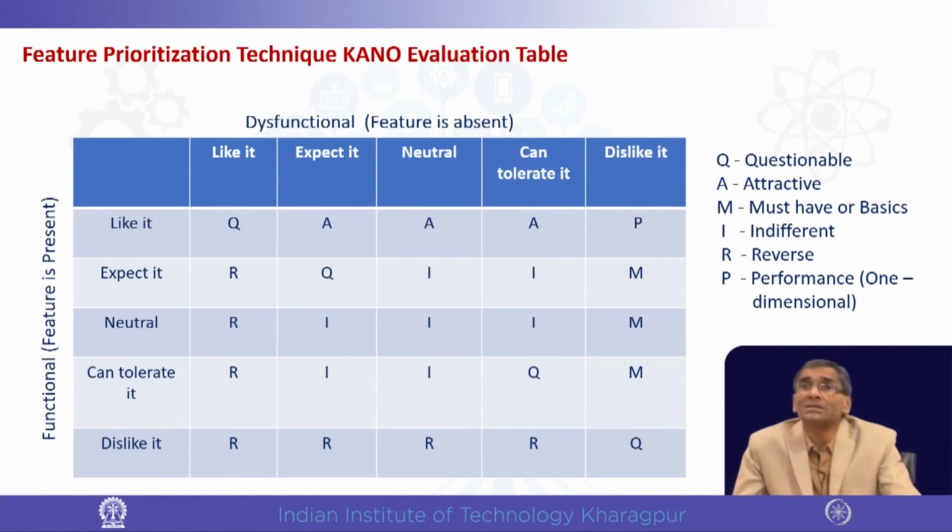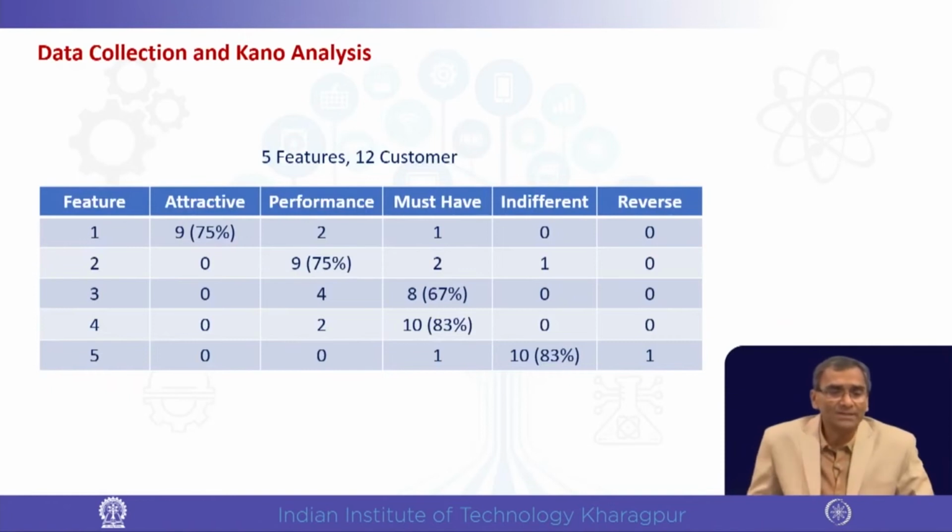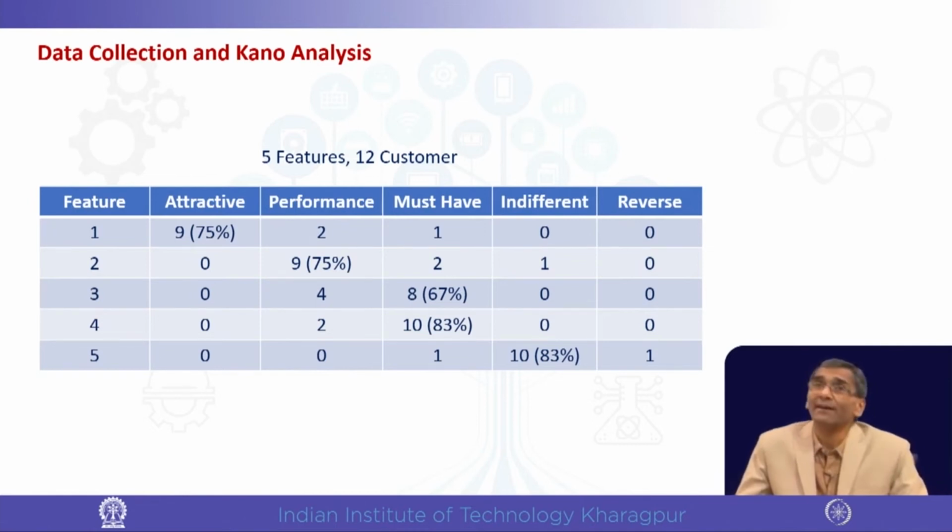So, based on these 12, if there are 5 features as we are discussing, this table appears: feature 1 through feature 5. For feature 1, 9 people have said it is attractive, 2 performance, 1 must have. For feature 2, 9 people said it is a performance feature, 2 said it is a must have, said meaning that we have derived from their responses, and 1 is indifferent.